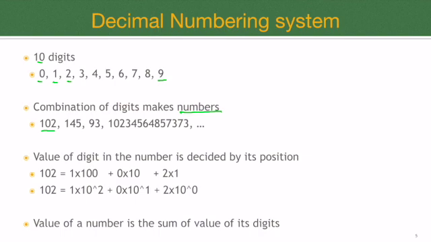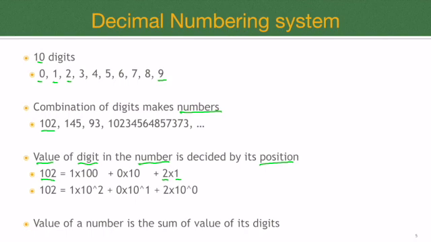Each number has a value which is decided based upon the position of the digits. The number 102 has the value of 102, which is derived as follows: the value of digit 2 is 1, so we multiply the digit with its value.